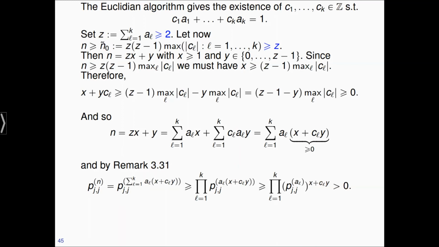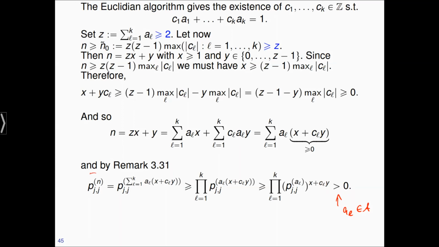And now we observe that all these factors here in this big product are positive. Yeah, and that's because the AL are in A. AL in A means that Pjj AL is positive. That was the definition of the set AL. So all of these factors are positive. So if I take them to some power, they are positive, and if I take the product of this, it's also positive.